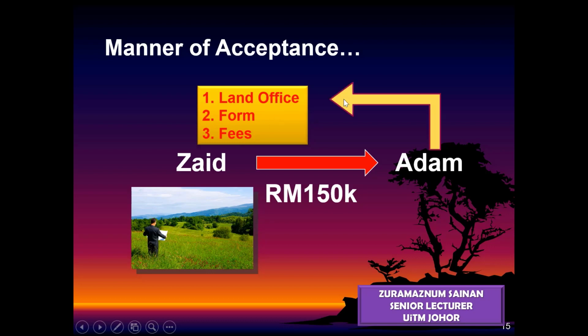So this is the prescribed manner given by Zaid. So in this situation, in order to make the acceptance valid and binding, Adam must go to the land office and fill in the form and pay the fees required. So this manner must be fulfilled by Adam. Then only there is a valid acceptance.